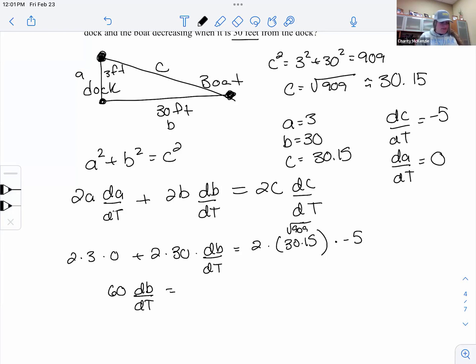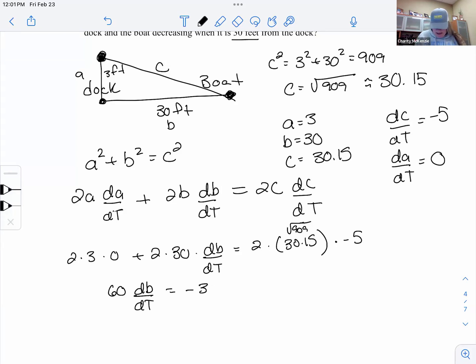So 2 times the square root of 909 times -5. Oops, I put the -5 under my radical. Illegal move. Okay, times -5.